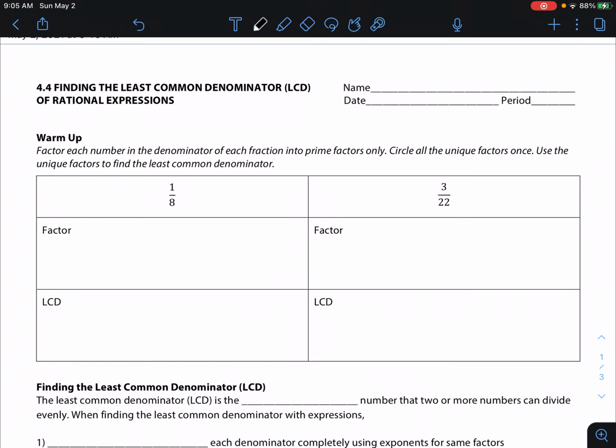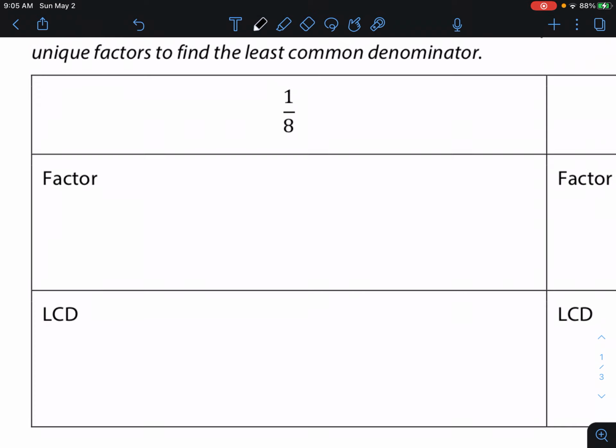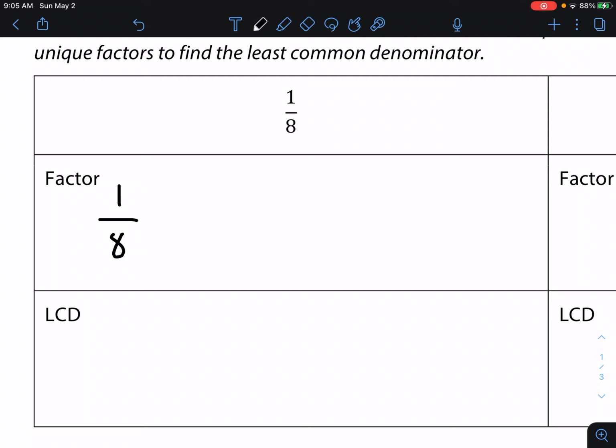So the way we're going to find the common denominator is we're going to take each one of these fractions and we're going to factor the denominator. So we're going to take the 1 over 8 and write it as some numbers that multiply to equal 8.